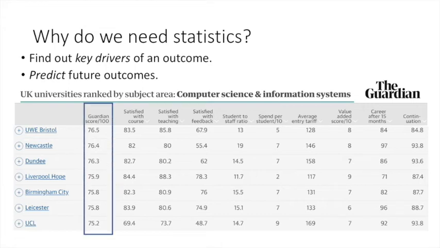This score is calculated by considering many factors or variables that are visible on this slide. Now, the question is, which of these variables influences the outcome score more than the others? That's a question that statistical methods can answer, and we shall discuss some of those methods later in the course.